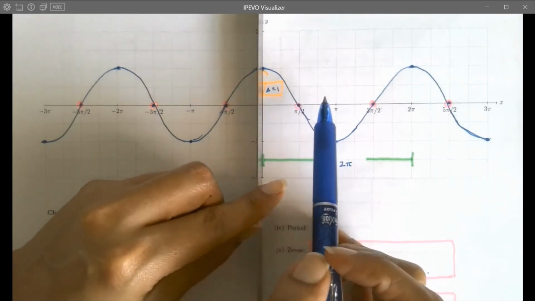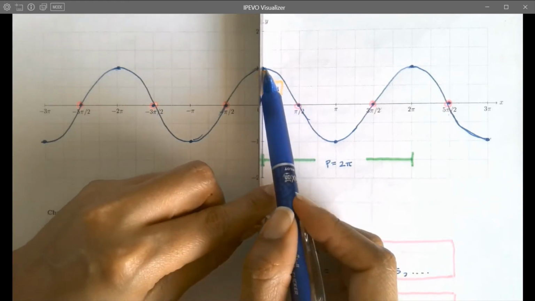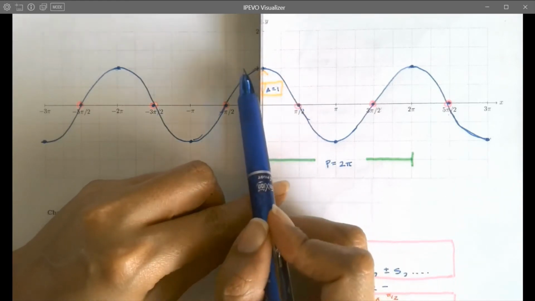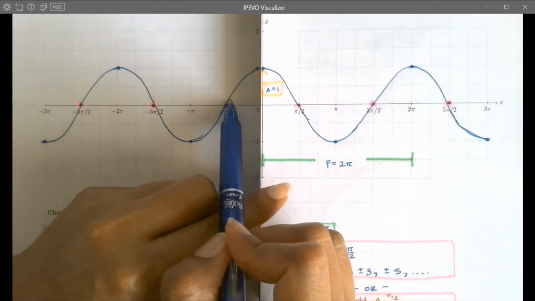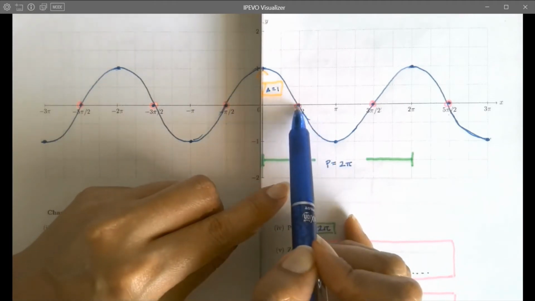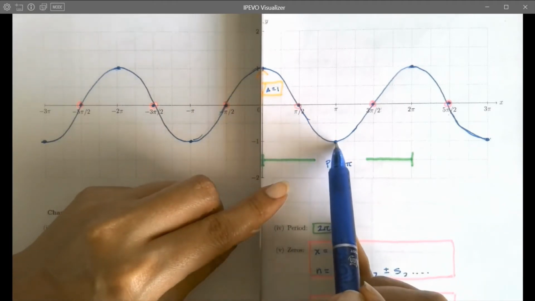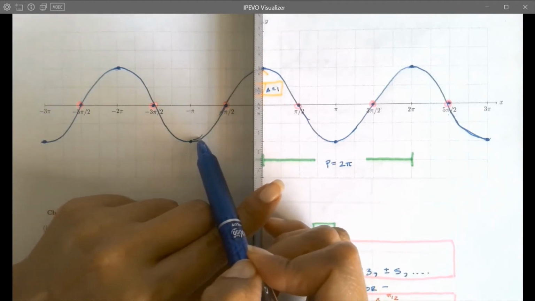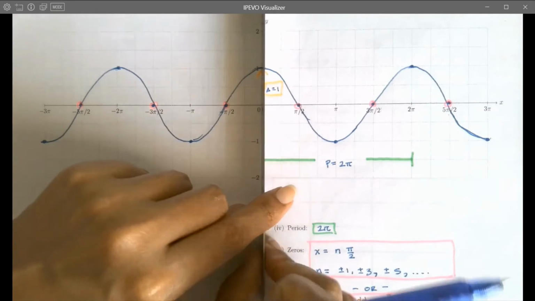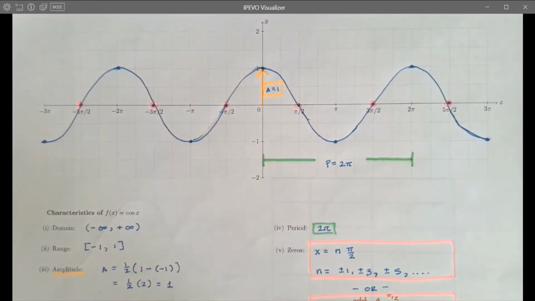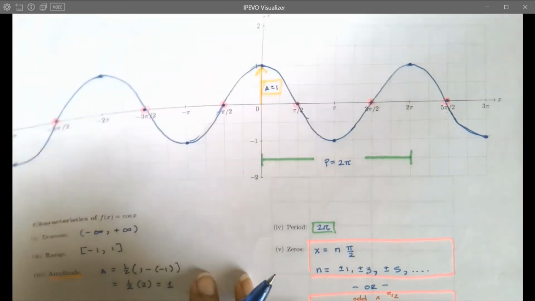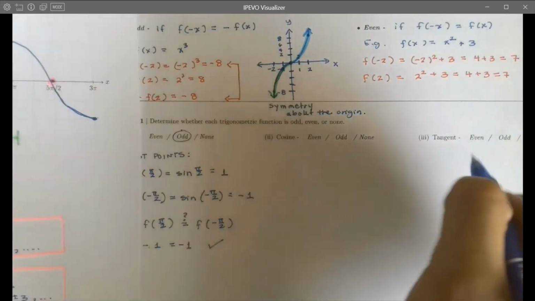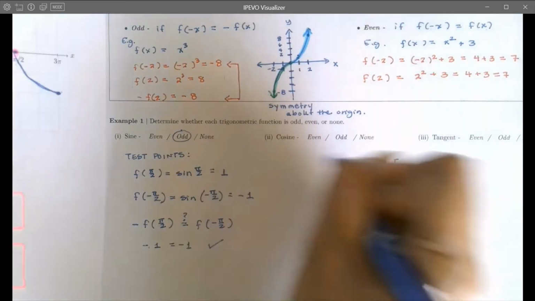Well, the answer here is yes. This part of the curve is reflecting directly into this part of the curve. And the part between pi over 2 and pi, we see it reflect here between negative pi over 2 and negative pi. So again, from the graph, we can judge that it is going to be even, but we can just take a look at some points.